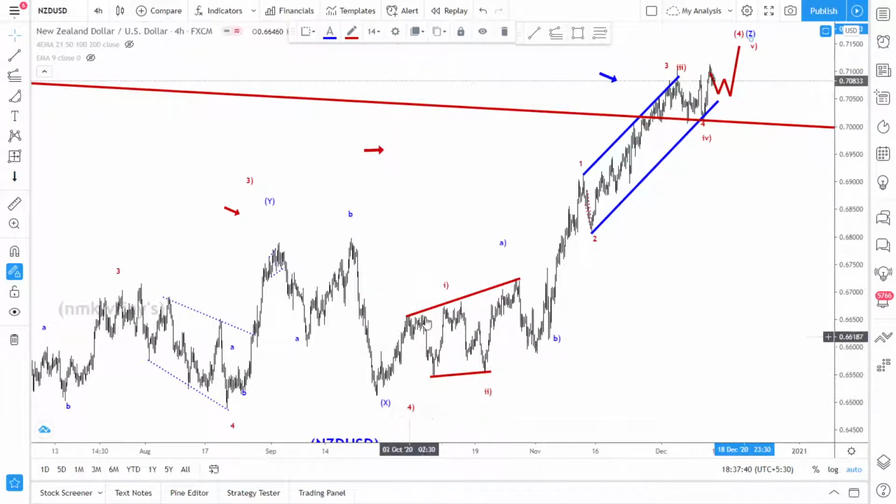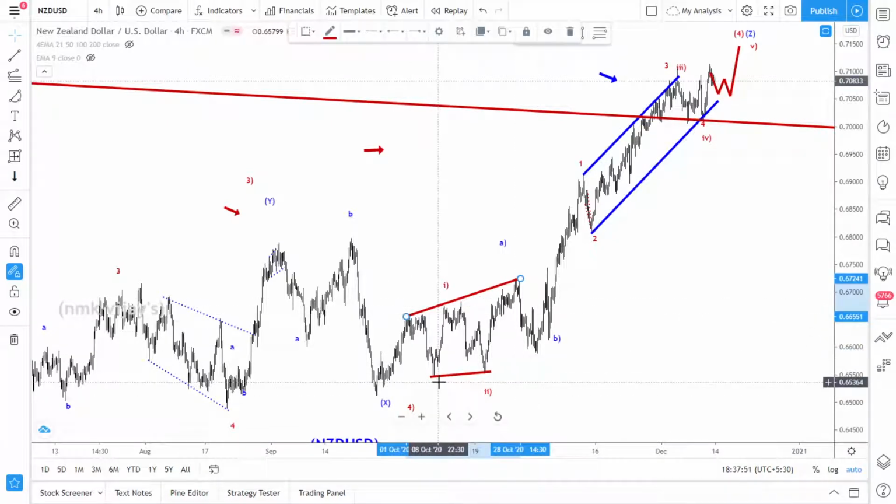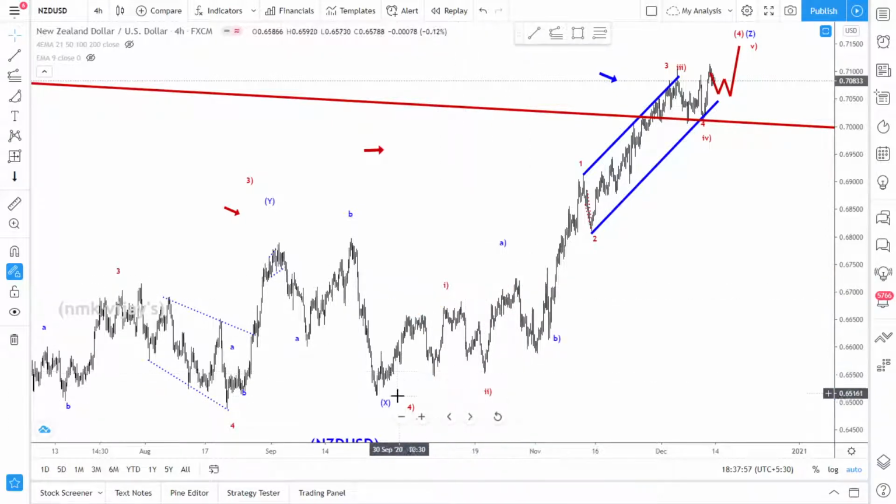So either the whole thing becomes A, B, and C, meaning it may already have ended here. Or if it is a diagonal triangle pattern, if this is not a leading diagonal in the wave A, we can just remove this. This could be wave ABC is a 1, ABC is a 2, ABC is a W, because the third wave is extended, X, A, B, and C. This whole thing becomes a wave 3.